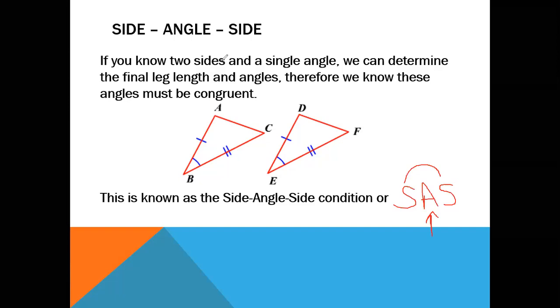Whatever angle they mark, in order for it to be side, angle, side, it has to be in between the 2 sides that are marked. So whatever 2 sides are marked, the angle in between them has to be marked in order for it to be side, angle, side. Questions?